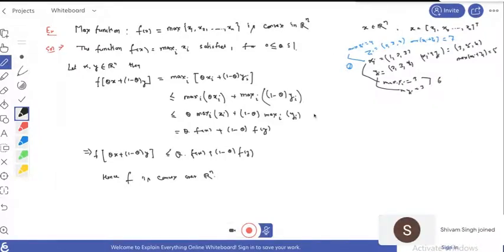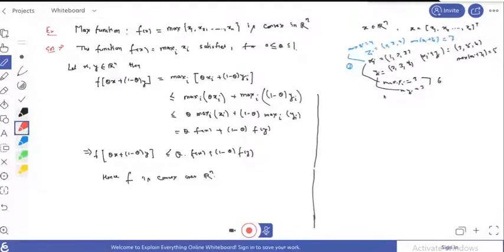Okay, so this is a simple proof. Now, if we take another example, any function f(x, y) defined like this, x squared over y. This function is known as a quadratic over linear function.